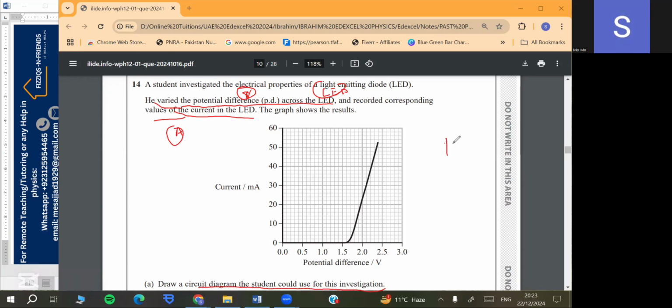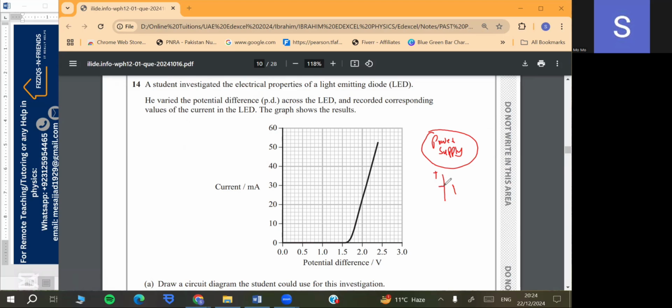So first of all, you should have a power supply. For that you can make this circle as a power supply, or you can use a battery sign as well, but you need to mention this is a power supply. So better to use the symbol for power supply, or maybe this is fine.